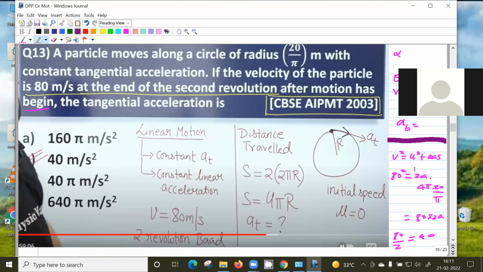So along the arc of the circle, it's like a straight line motion with uniform acceleration.